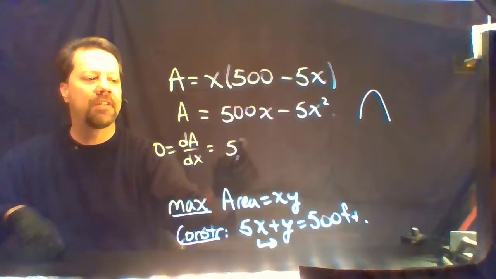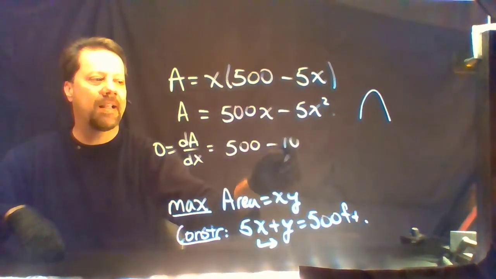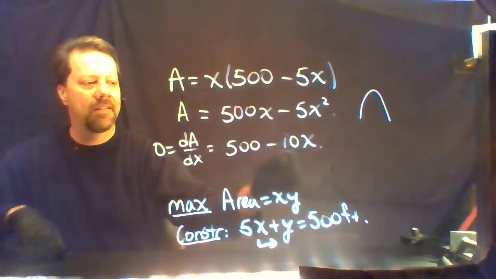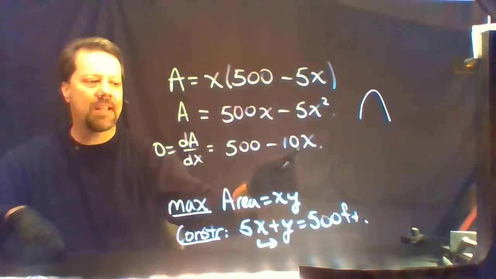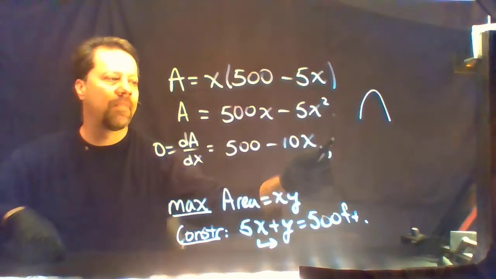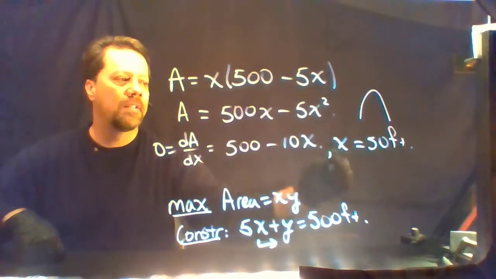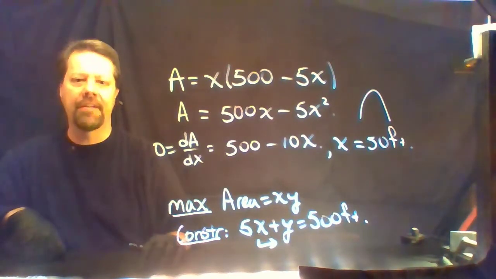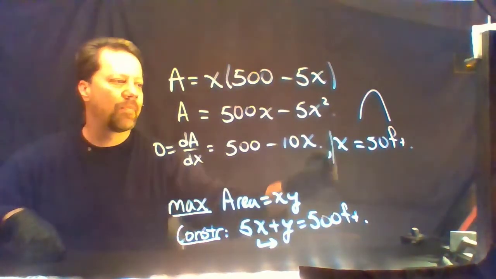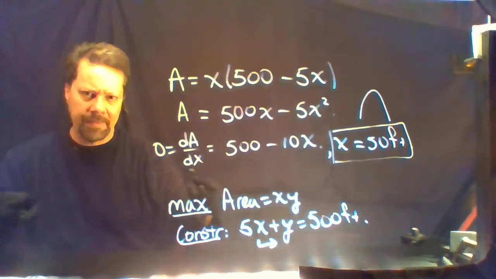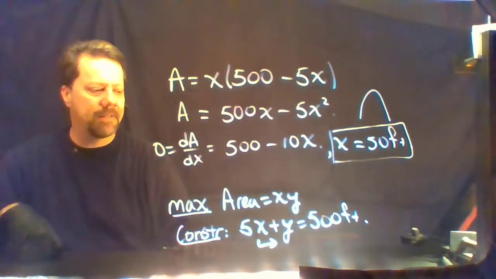Calculating the derivative, we get 500 minus 10x. If that's set equal to 0, you can see that x has to be 50 feet. So that gives us the depth of each of those pens. How about the width of the entire set of pens?